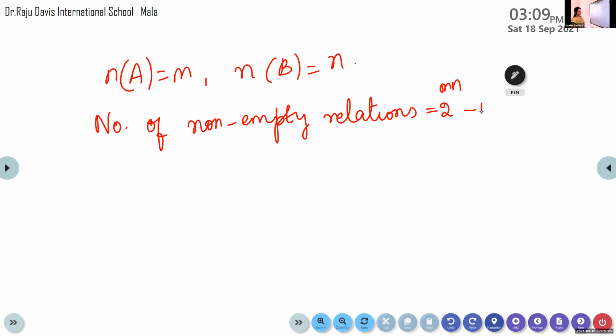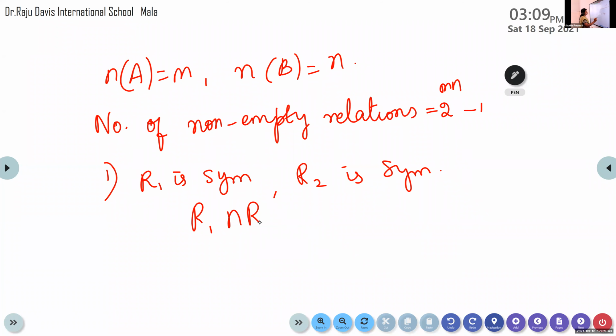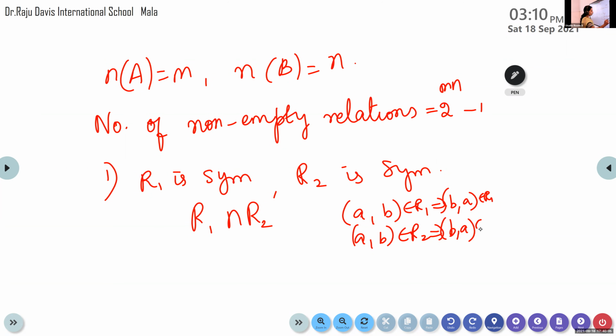Now next one. Listen children, if R1 is symmetric and R2 is symmetric, then is R1 intersection R2 symmetric or not? R1 is symmetric means A comma B belongs to R1 implies B comma A belongs to R1. Similarly, R2 is symmetric means A comma B belongs to R2 implies B comma A belongs to R2.